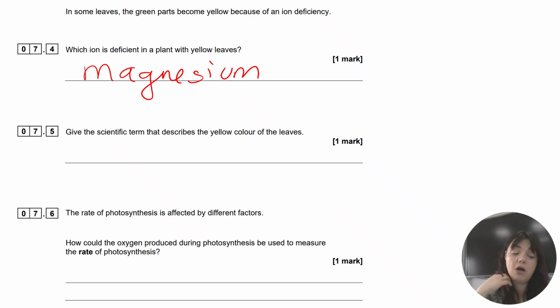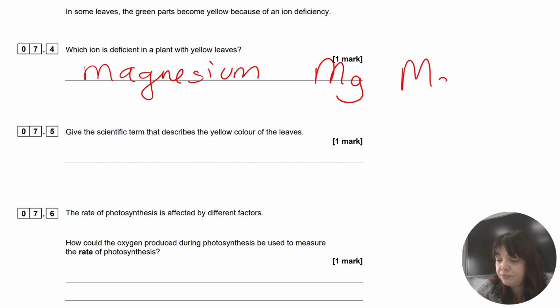Or if you are going to be clever, it's Mg, like that. If you put capital M, capital G, no. And if you are going to do the ion and actually do the symbol for it, it's 2 plus. Anything other than 2 plus, it is not it. Okay, so just a reminder of that.